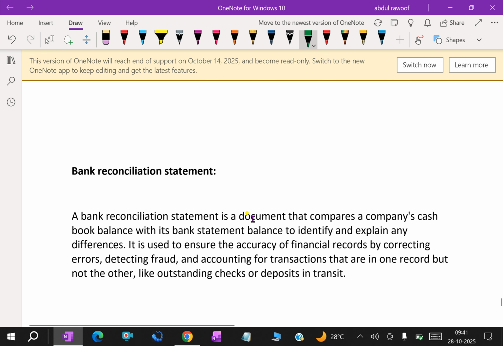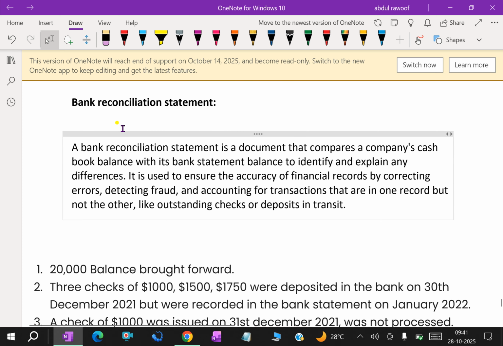Next question. Before that, we have to understand about the bank reconciliation statement. What is that? A bank reconciliation statement is a document that compares a company's cash book balance with its bank statement balance to identify and explain any differences.